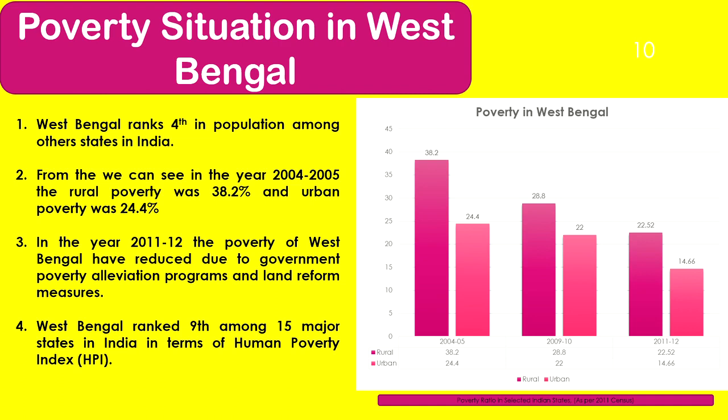But in 2011-12, the poverty of West Bengal reduced. Why? Because of government policies, government alleviation programs and land reform measures. West Bengal ranked 9th among the 15 major states in India in terms of Human Poverty Index, in short HPI.